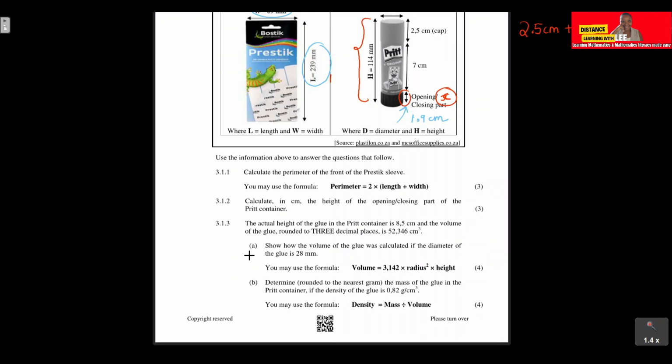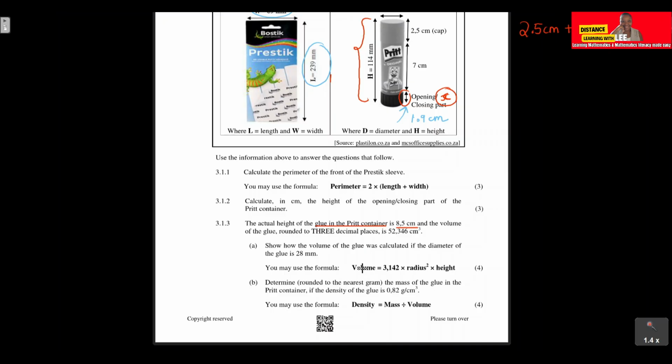Question 3.1.3 says the actual height of the glue in the Pret container is 8.5 centimeters, right? So we are told that the height of the glue inside, we're not just talking about the container anymore, but we're talking about the glue in the Pret container. And we're told that that height is 8.5 centimeters.